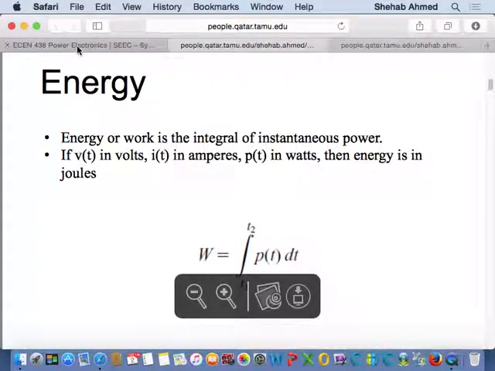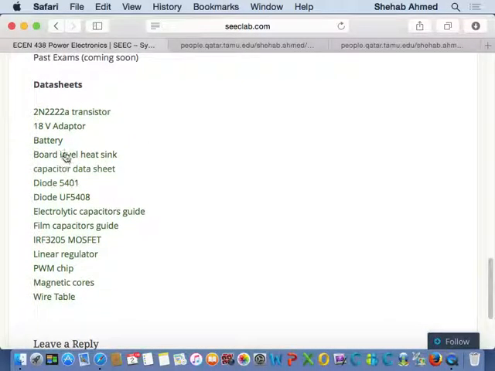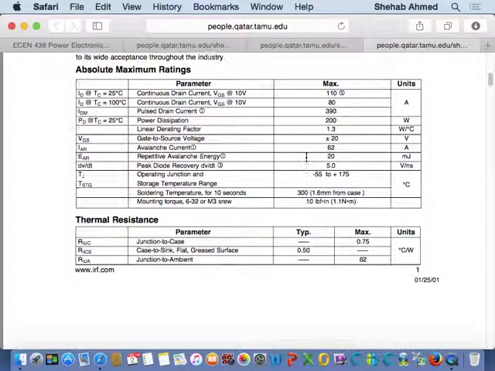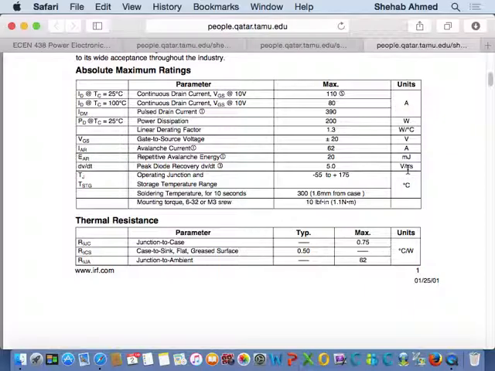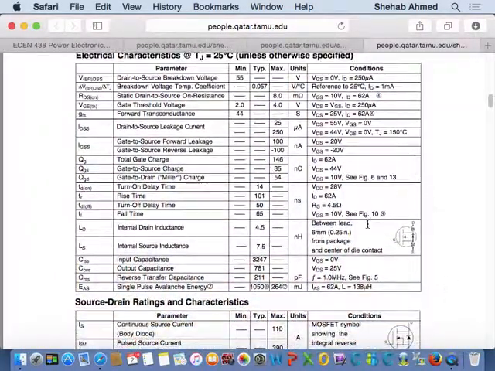So if we go back to our data sheet, I don't know if I showed it to you before, but for example, this is the MOSFET data sheet. You will see that, where's time? Here.